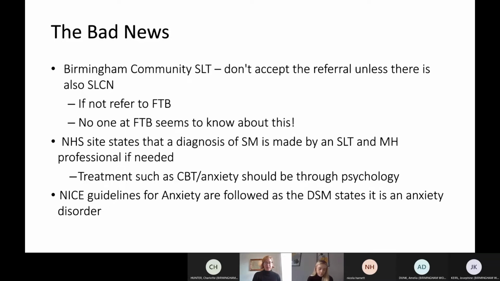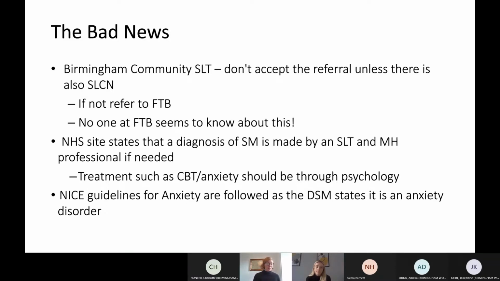So Birmingham Community SLT, you can look on their website. They don't accept referrals unless there's also a very significant speech language communication need. And then on their website it says if there isn't a significant speech language communication need, refer to FTB. But as far as I can tell, no one at FTB knows about this, and there doesn't seem to be a pathway for it. And as far as I can tell, no one was privy to that arrangement.